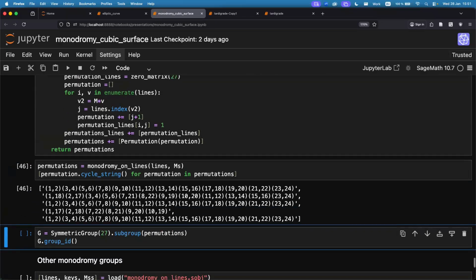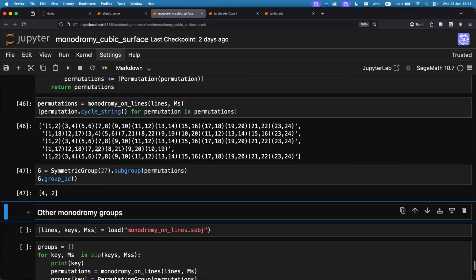And then it's just about applying these monodromy matrices on these coordinate vectors that I found and identifying them back again as lines. And what you get in the end are all these permutations, which all correspond to one of these loops. And this tells you, for example, that the first and the second line get permuted, and the third and fourth, and so on. Of course, the numbering is completely arbitrary.